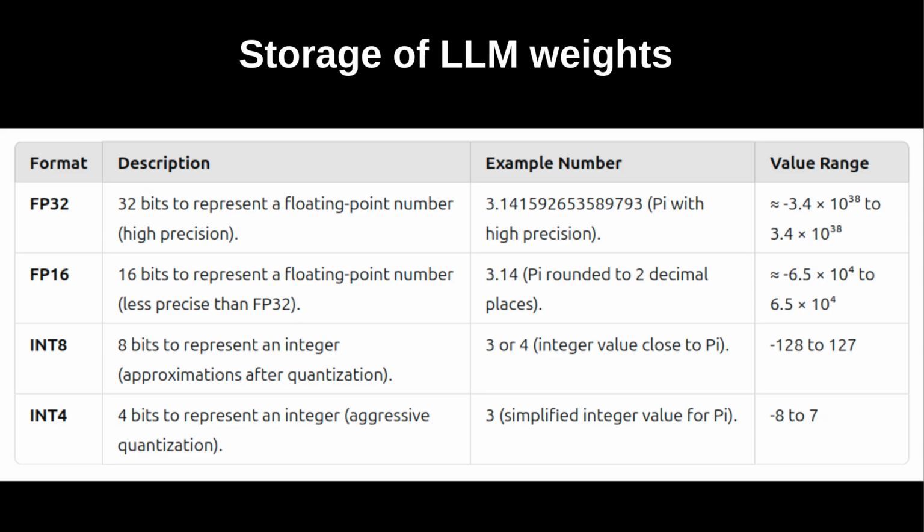FP32 means using 32 bits to store each network weight, FP16 uses 16 bits, INT8 uses 8 bits, and INT4 uses 4 bits. Generally, FP32 is used when high precision is required. FP16 offers a balance between precision and storage size, while INT8 and INT4 are used when optimizing model size is a priority, at the cost of lower quality and precision.